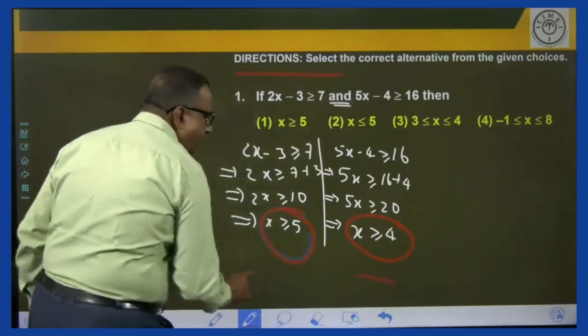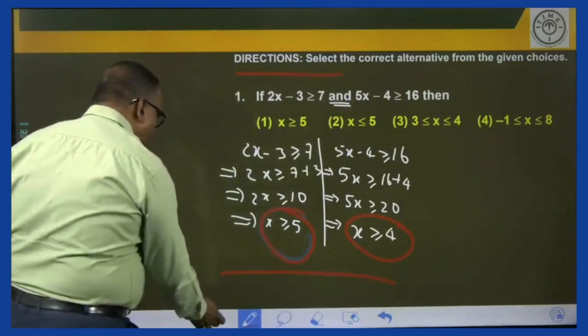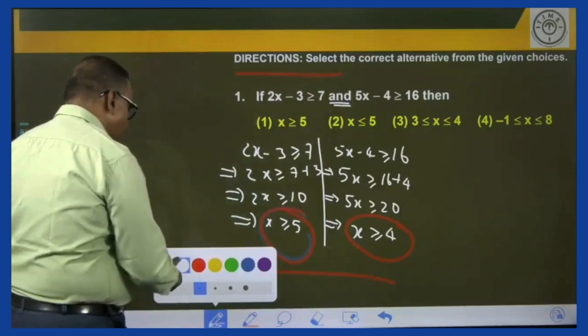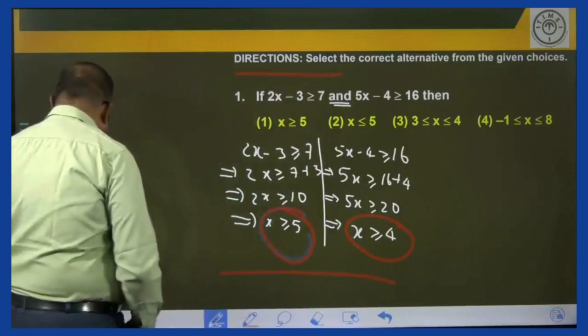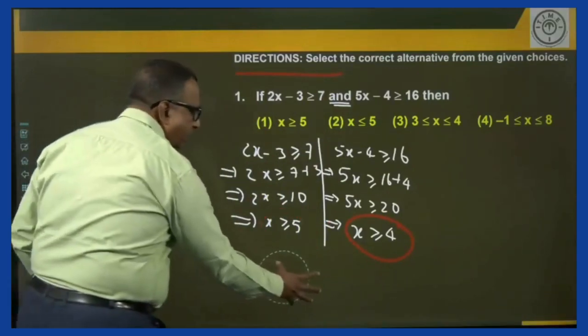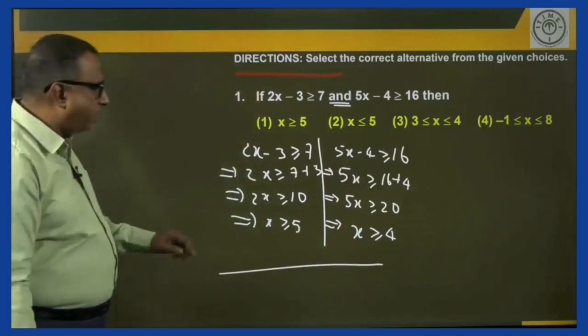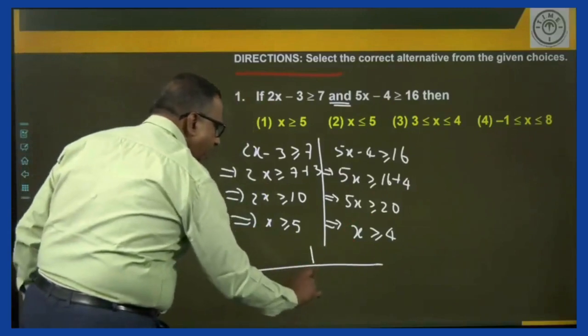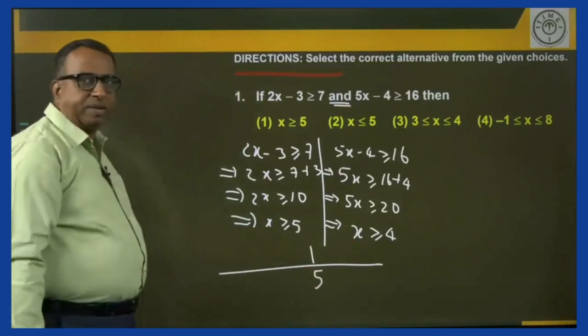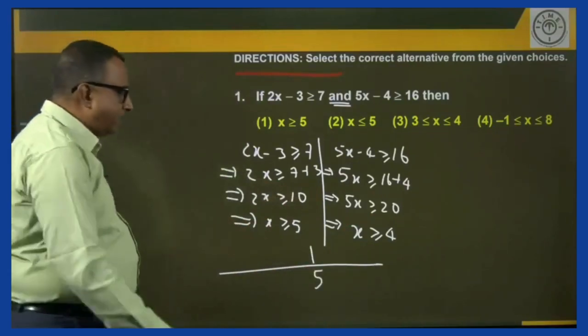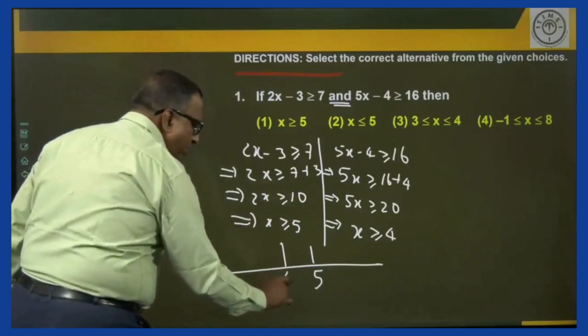If you take the number line, x greater than or equal to 5. Where is 5 on the number line? 5 is here. Where do you find 4 on the number line? Somewhere over here you find 4.